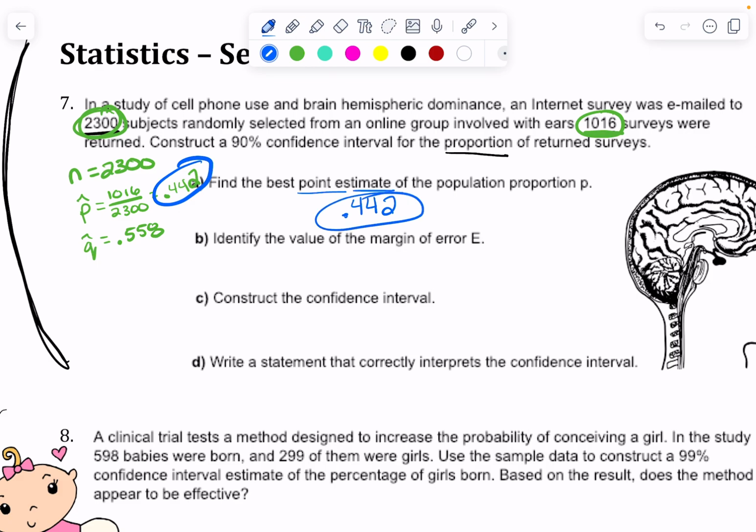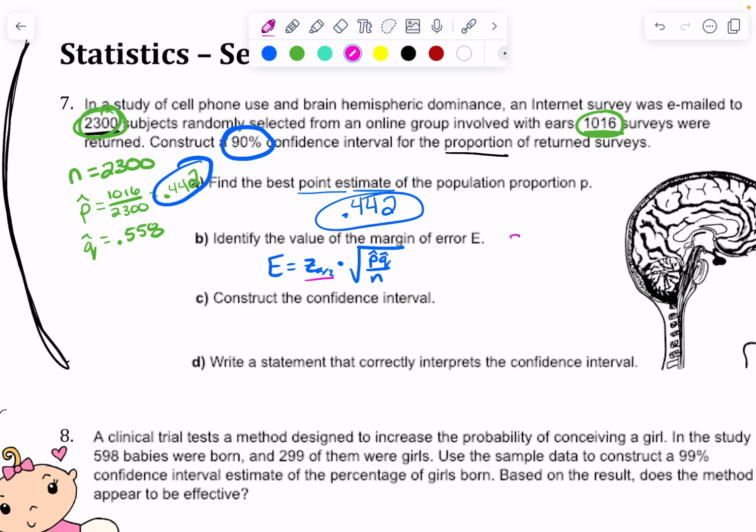Okay, now we need to find the margin of error, and they call it z of alpha over 2, but the alpha over 2 is just part of the notation that they use. Square root p hat q hat over n, okay? And we want to construct a 90% confidence interval. So we need to use that 90% to figure out what z is.